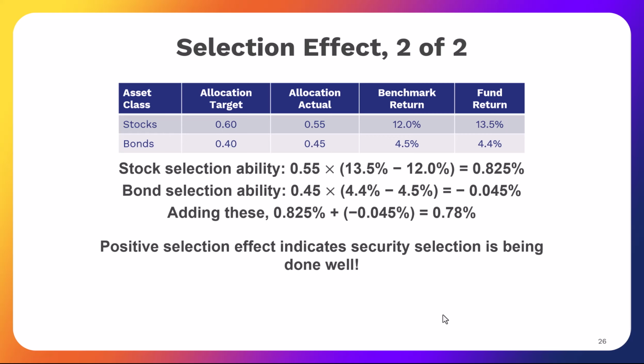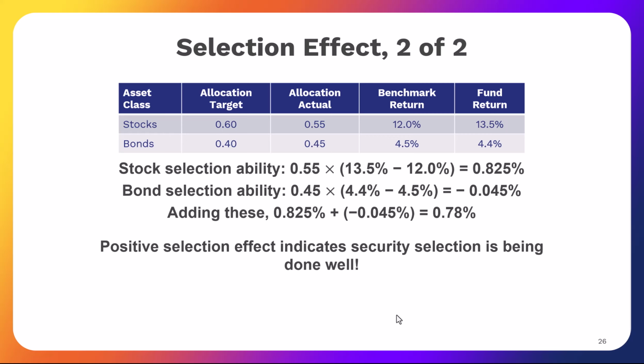So again, how would we find these benchmarks? For the equity fund, maybe we use the S&P 500. For the bond fund, we're going to use the Morningstar U.S. Corporate Bond Trust, right? So again, we're going to calculate these differences, and then we weight them by the investment weights, the proportion weight.